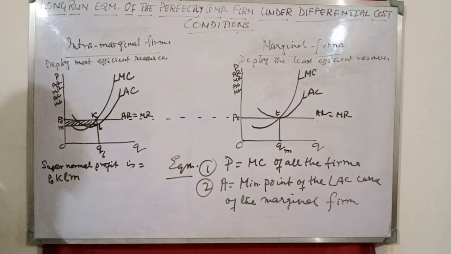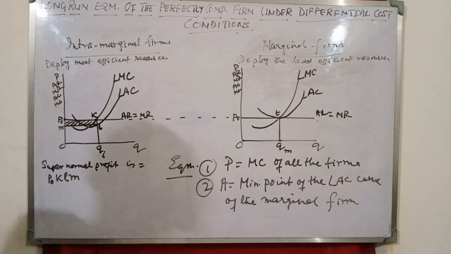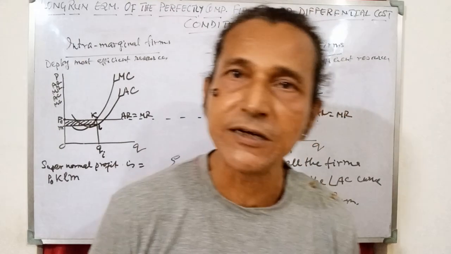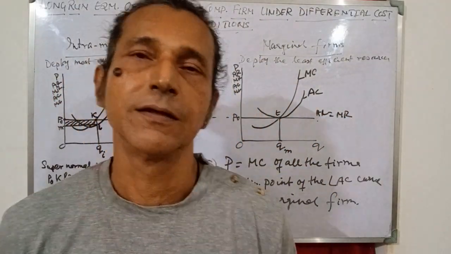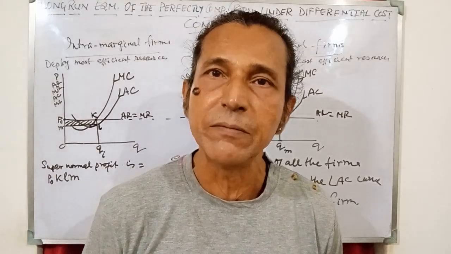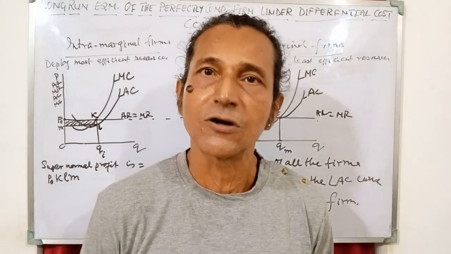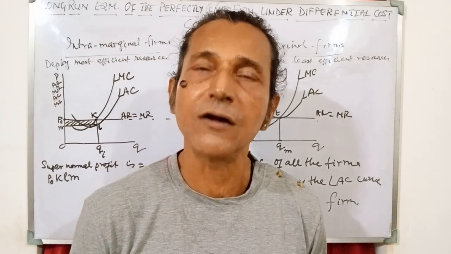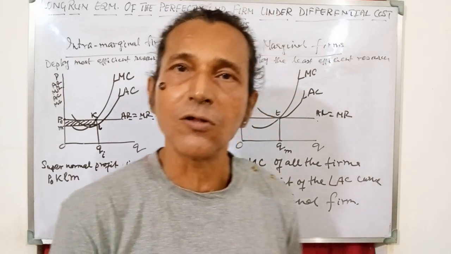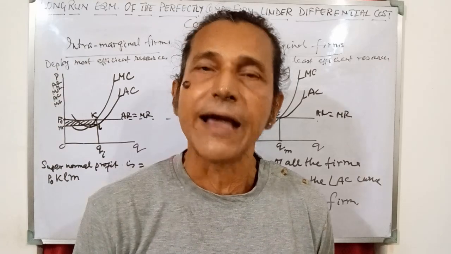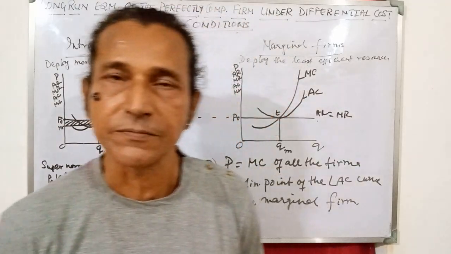Correct? So this is all about long run equilibrium of the perfectly competitive firm under differential cost conditions. The price is equal to the minimum average cost of the marginal firm, so the marginal firm will earn only normal profit, and all the intra-marginal firms would earn supernormal profit in accordance with their cost structure.